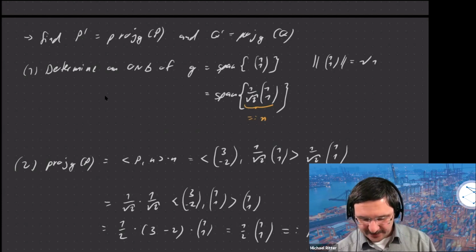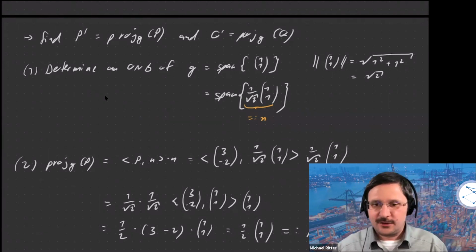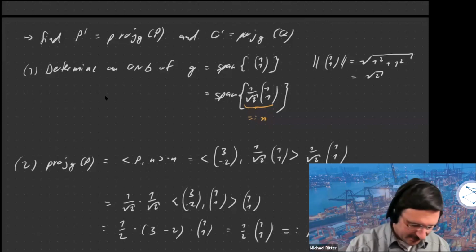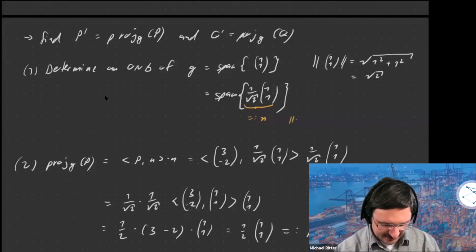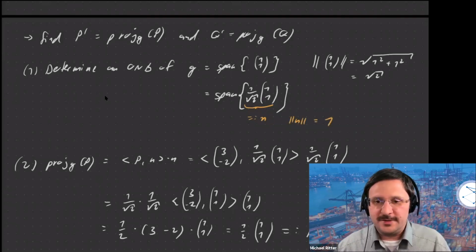So the entries are 1, 1. That means we have 1 squared plus 1 squared, and then we're taking the square root of those, and that's square root of 2. So that's the length of this vector 1, 1. And to normalize, we just divide by that length. So the resulting vector, this n, then has a length of exactly 1. And that's what normalization means.